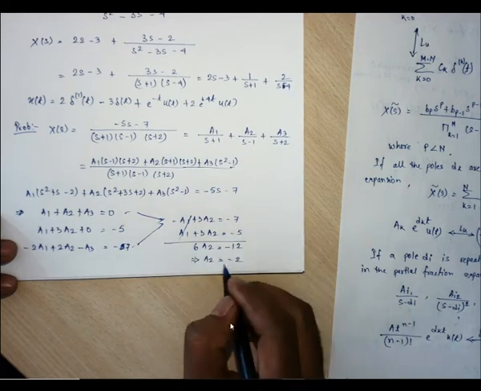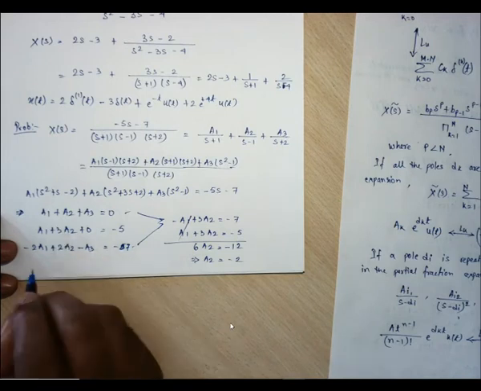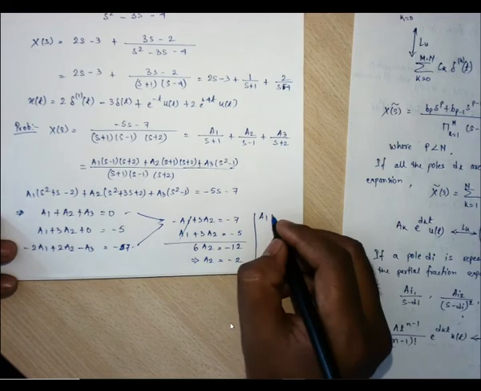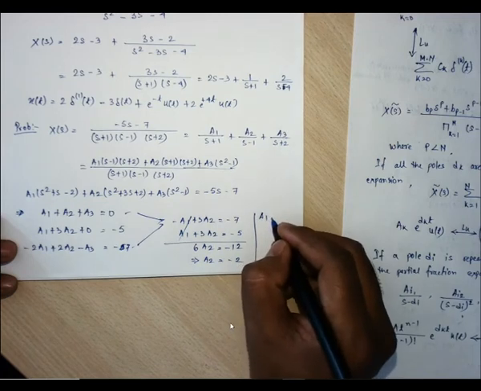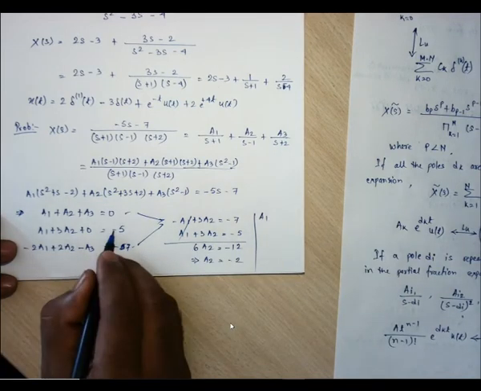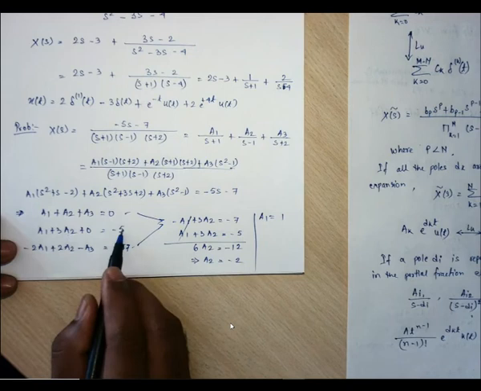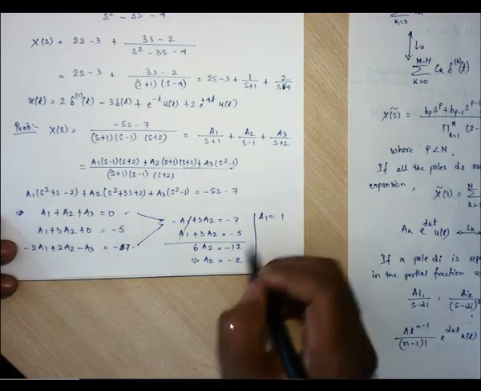So if a2 is minus 2, from this equation we can find a1: minus 6, if it goes to this side plus 6, then a1 is equal to 1, right? So a1 and a2 we got.